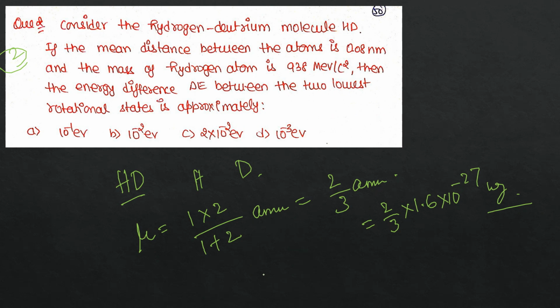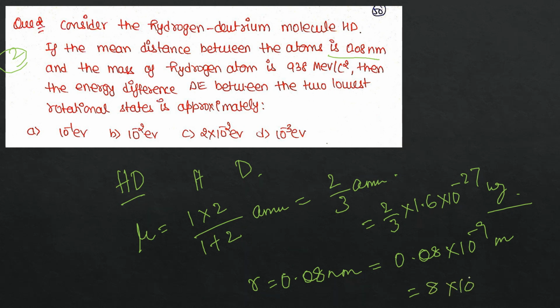So the mean distance between the hydrogen and deuterium atoms is R equal to 0.08 nanometer. That means 0.08 into 10 to the power minus 9 meter, which is 8 into 10 to the power minus 11 meter. So the energy difference between the two lowest levels.